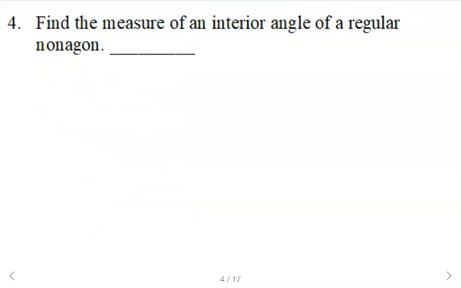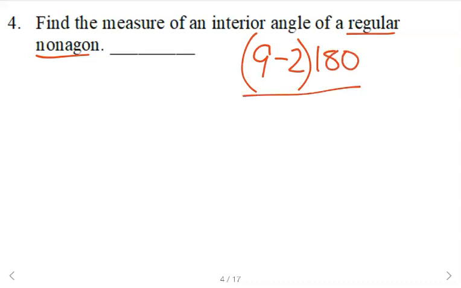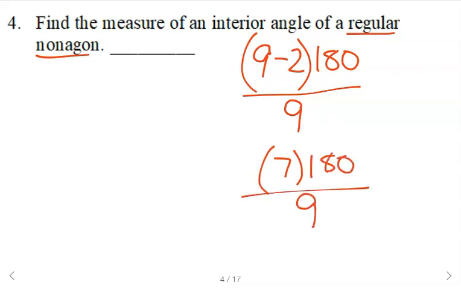Looking at the measure of an interior angle for a regular nonagon. So each of those angles will be the same. And so the sum of the interior angles would be n minus 2 times 180, where n is 9. So 9 minus 2 times 180, that's the sum of them, and they're all the same here. So we'll divide by 9, because there's 9 of those angles, also 9 of those sides. Multiply, get 7. And then we'll multiply on top and then divide by 9.